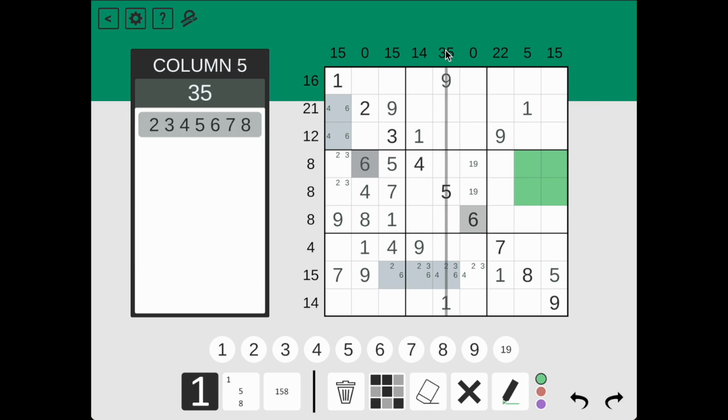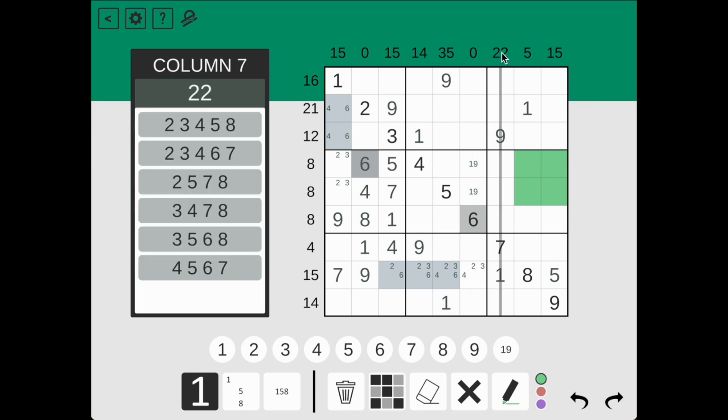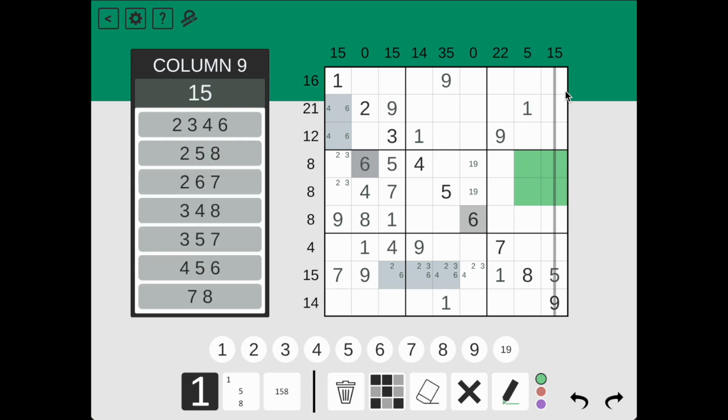Let's see. Those are right next to each other. Here I have 4 digits that add up to 22, and a 7 is included. And I can't narrow it down further. And I can't narrow this down yet. Okay.